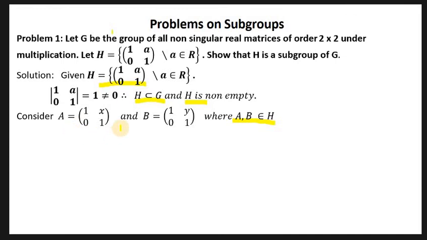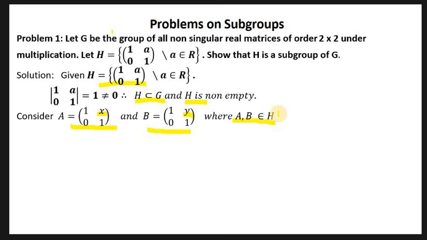Since A and B belong to the set H, we have to show that B inverse exists and A into B inverse belongs to H.